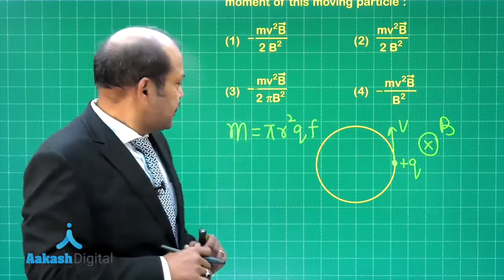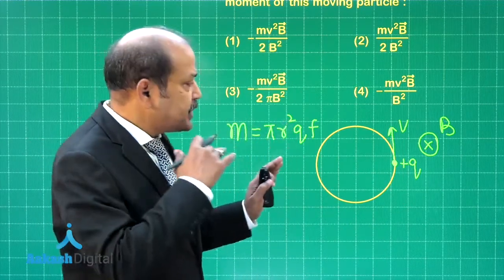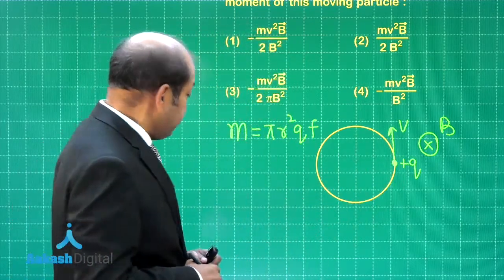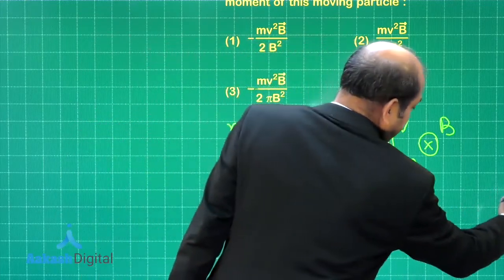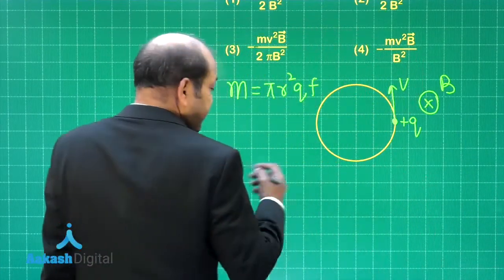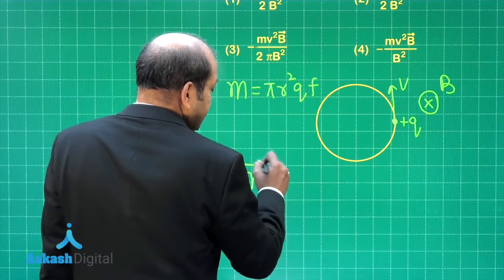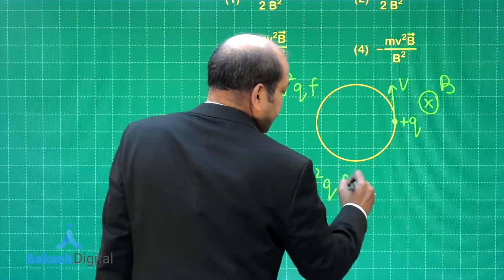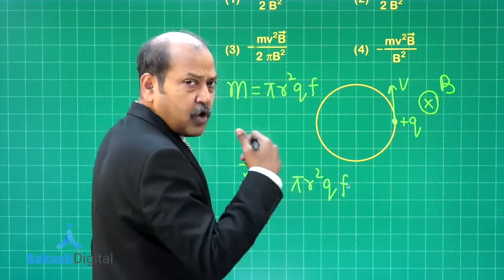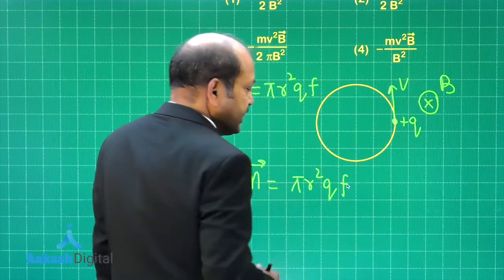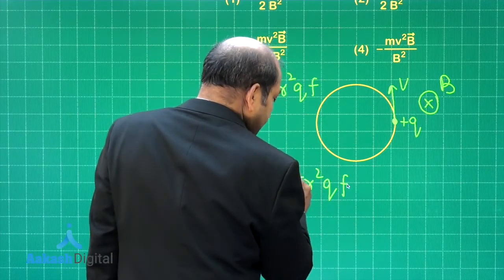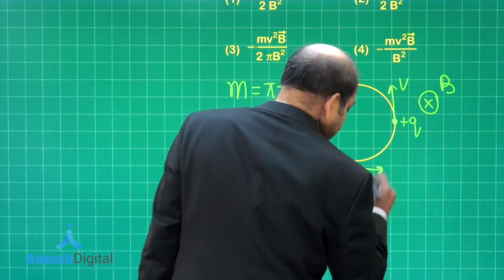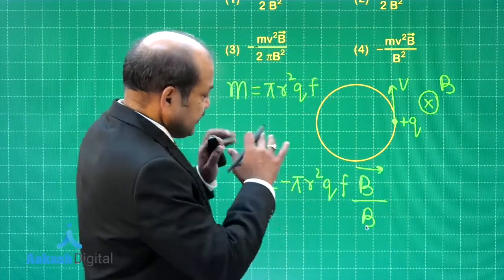That means the direction of the magnetic moment is opposite to that of the magnetic field. So we can write the magnetic moment vector as pi r square q f, with a unit vector opposite to the direction of the magnetic field. So we put a minus sign here and we put vector B divided by its magnitude. So that is the expression.